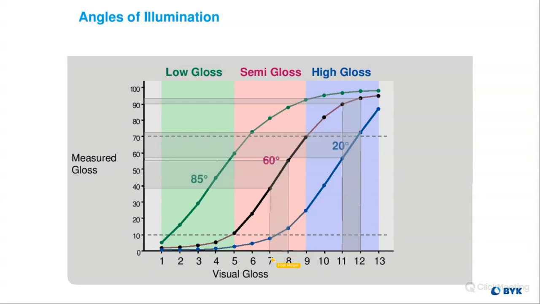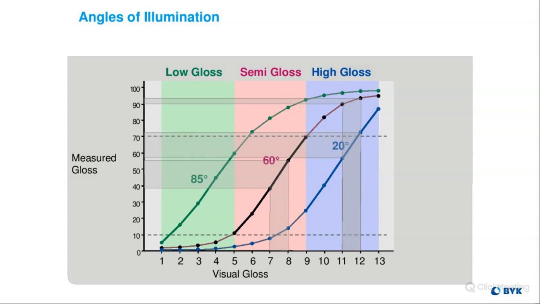Whereas if we looked at the visual samples, it appears like a semi-gloss. And with the 60-degree angle, we're getting a measured value of around 40 units. And then for sample 8, we're getting a measured value around 55 units. So it's a significant difference, and that would correlate better to what we're seeing visually.